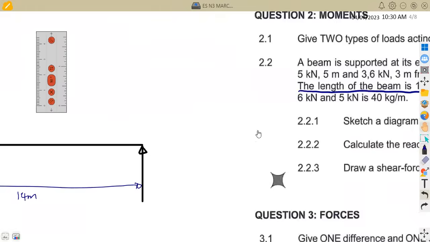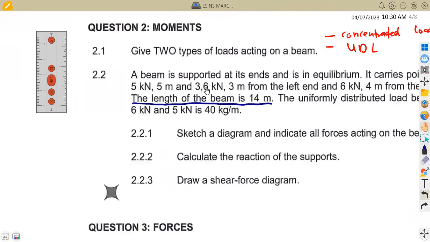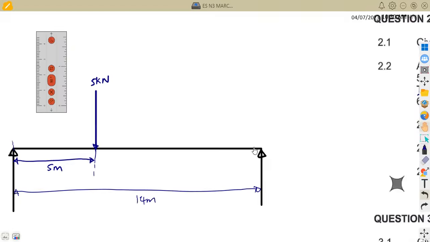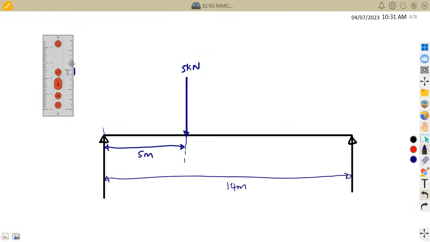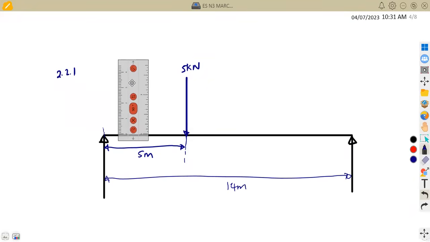All right, another part is 3.6, 3 meters from the left. So there is 3.6, which is 3 meters. So if this is 5, that means 3 meters is just before this 5. So there is another force here of 3.6, which is 3 meters. So maybe somewhere here, we are going to indicate another force.